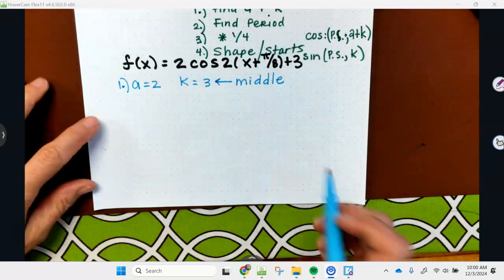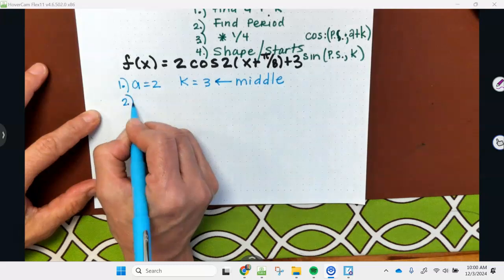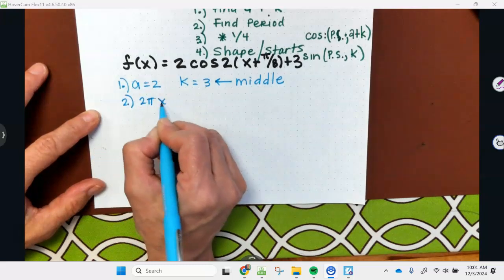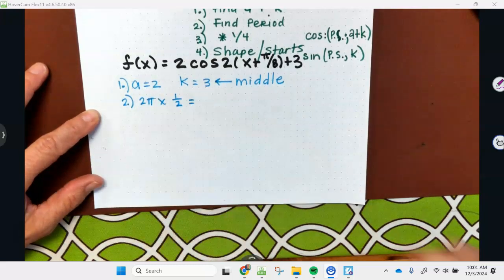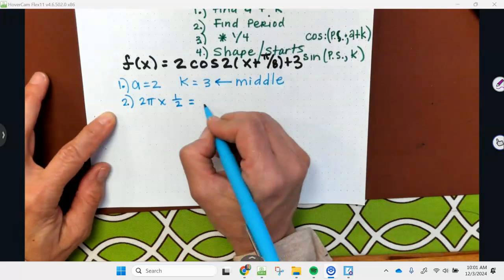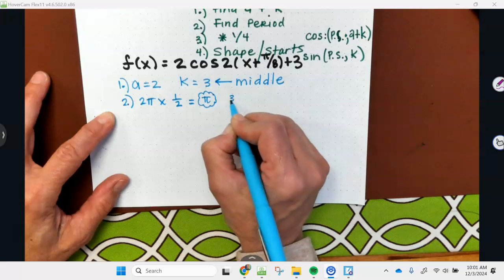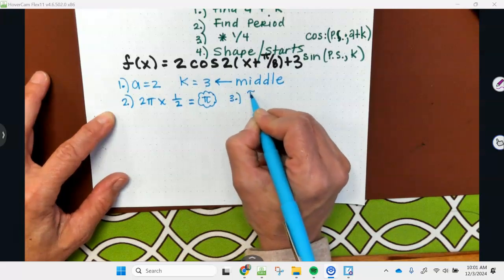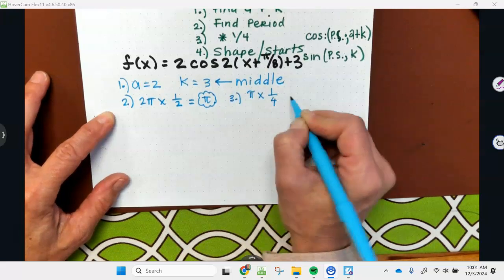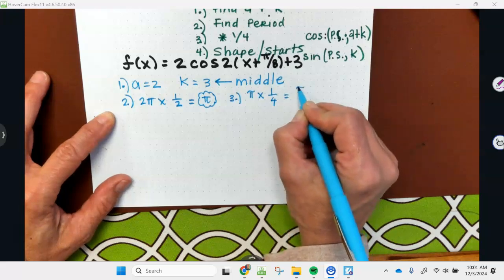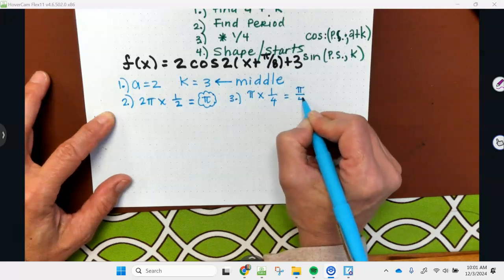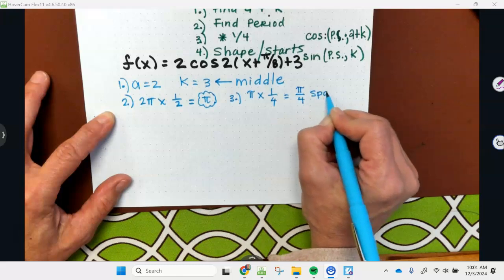All right, step 2, find the period. Oh, so easy. 2 pi times the reciprocal of b. This is just plain pi. Then remember, just like yesterday, you're going to take your pi and cut it into fourths. So each tick mark is pi over 4 places away.